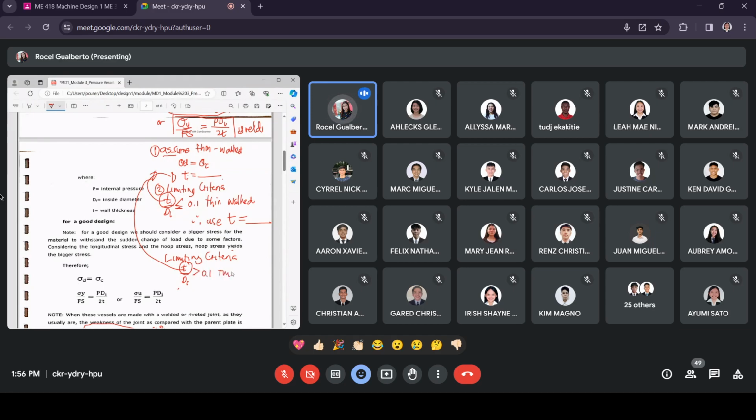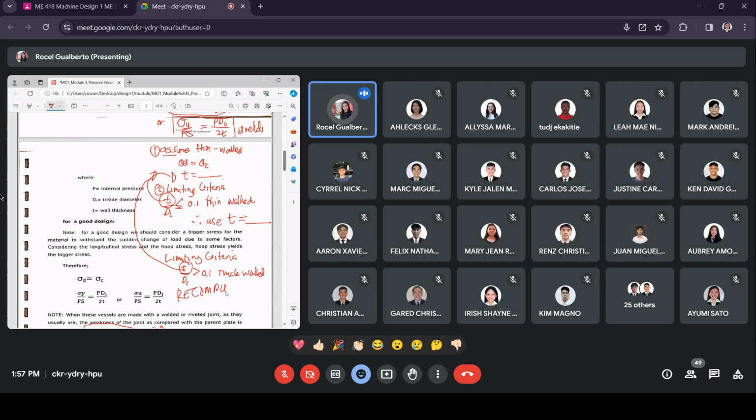Then conclusion, it is thick walled. Okay? And once it is thick walled, we cannot say therefore use this thickness. Meaning, if it's thick walled, then this is not correct. The thickness that you obtained, assuming it is thin walled, is not correct. So, therefore, you need to recompute.